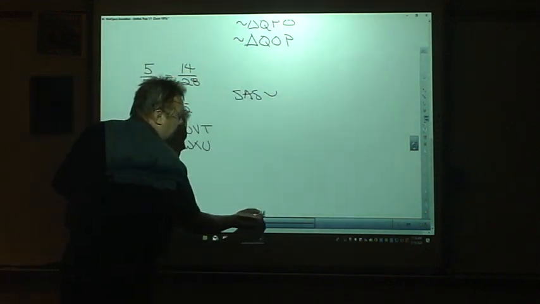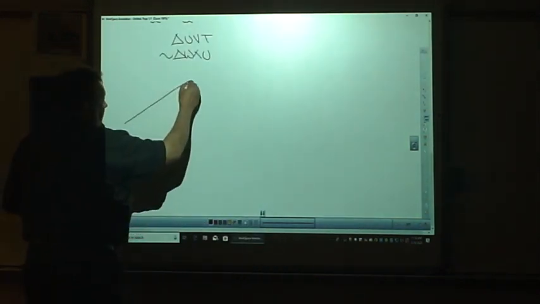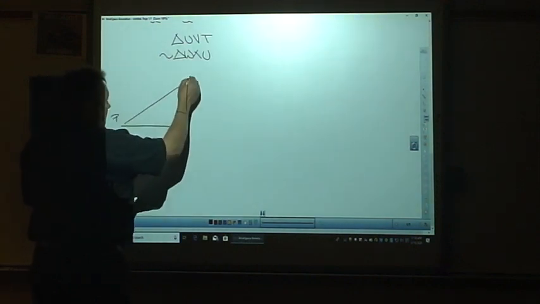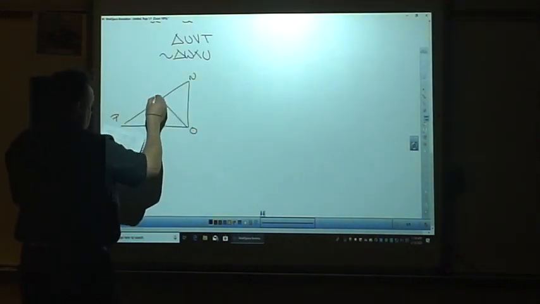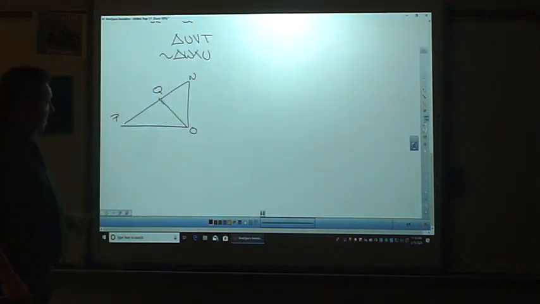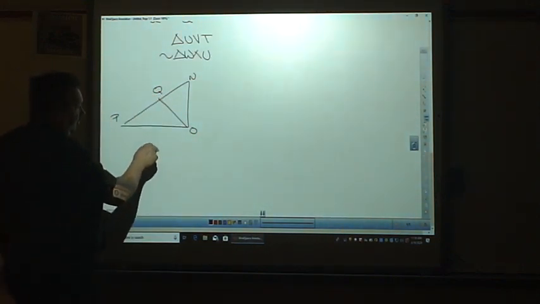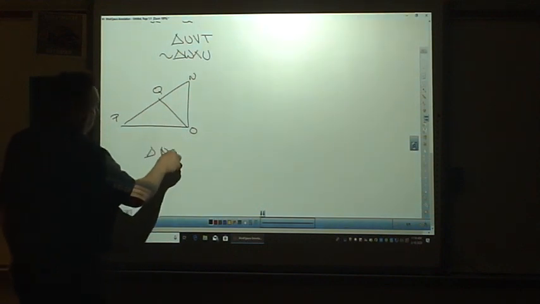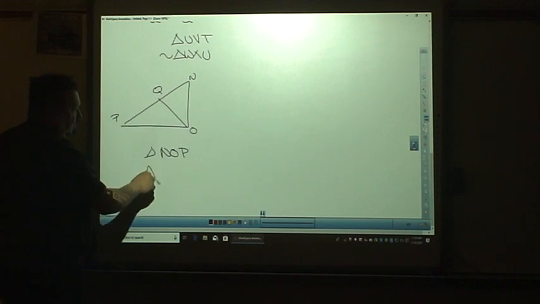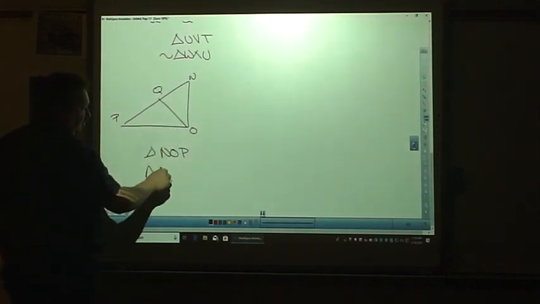The 3 similar triangles, let's look at this. We've got P, N, O, Q. I'll start with the big triangle, which is triangle NOP. Go to this small triangle, N corresponds to N, they're the same angle.